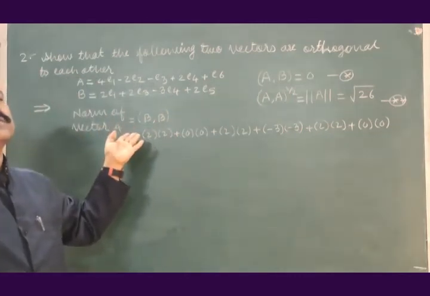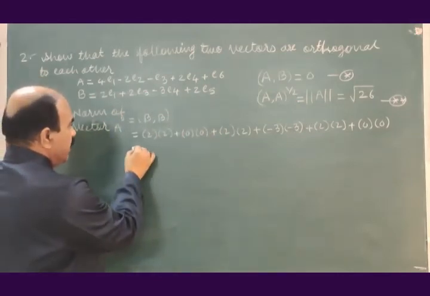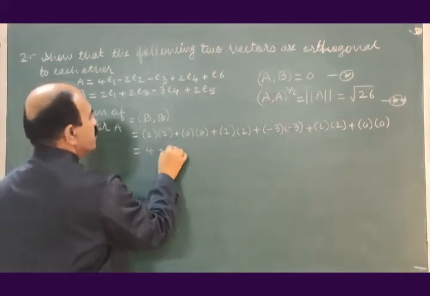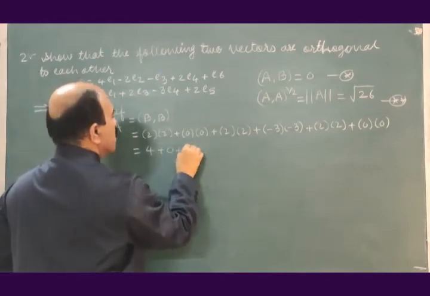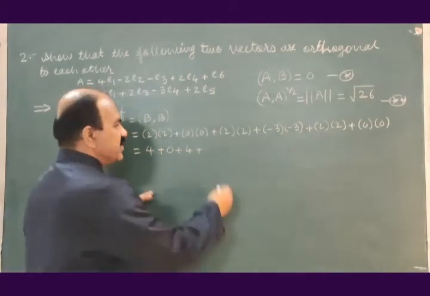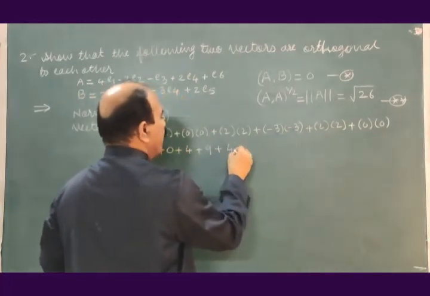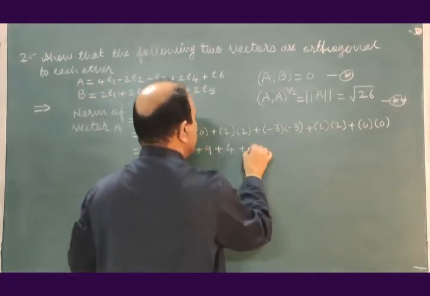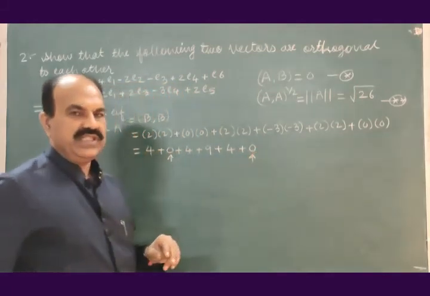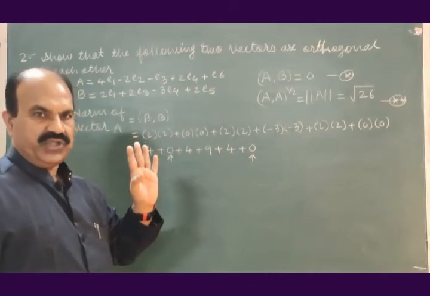Inner product of B with itself is this. That will be equal to 2 2s are 4 plus 0 into 0, 0 plus 2 2s are 4 plus 3 3s are 9, minus minus plus, that is plus 9, plus 2 2s are 4 plus 0 into 0, 0. These two zeros are not going to play any role in the addition, so just ignore them.